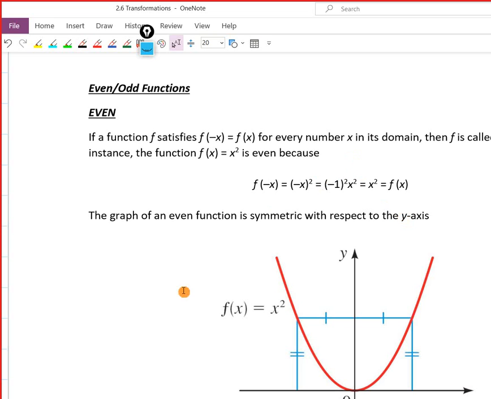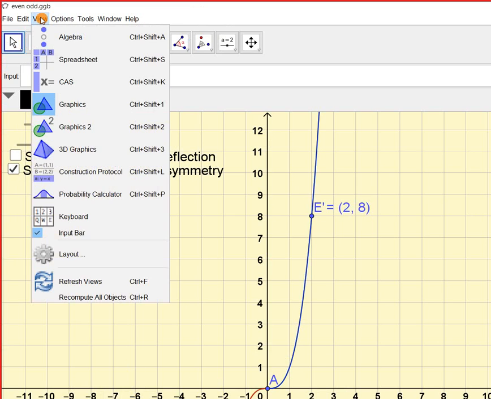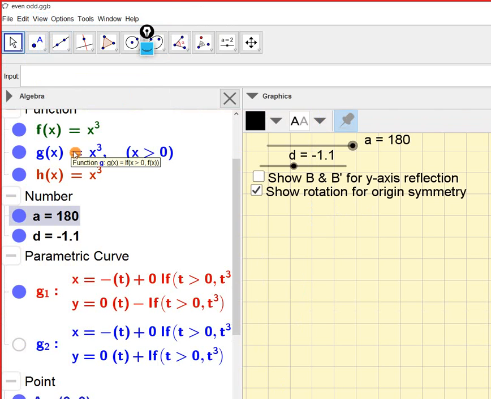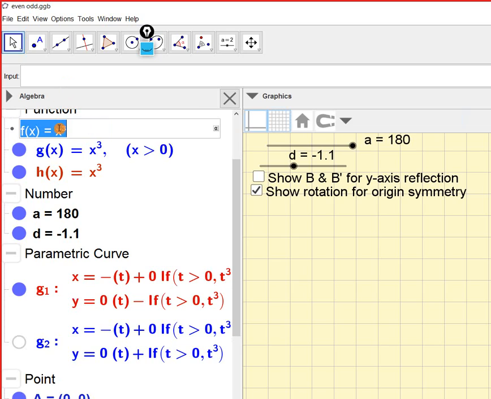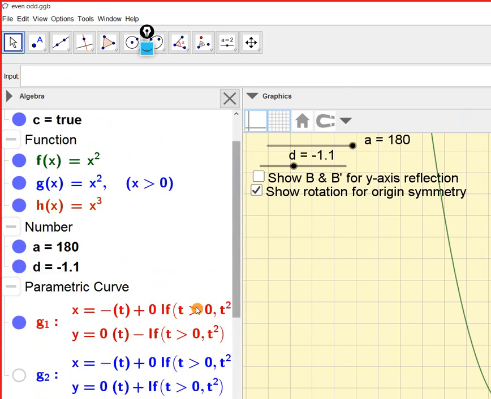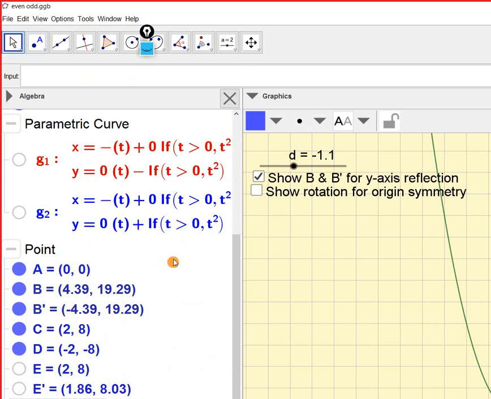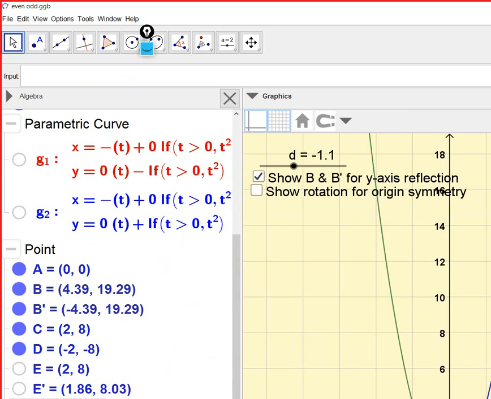And what that means to us essentially is if I take a function like x squared, which I think we all know has an axis of symmetry being the y-axis, right? All this is saying is that if I take this point B that is on my curve here, where'd B go?